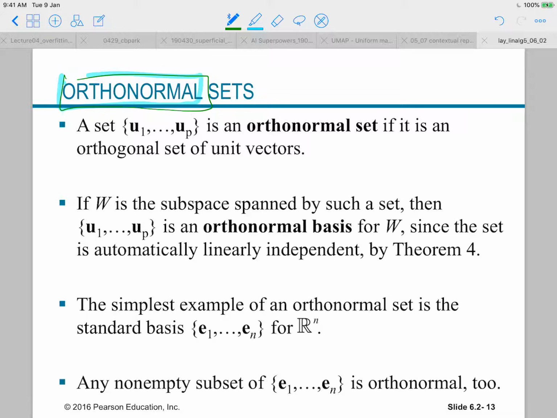An orthonormal set is an orthogonal set, but we need to satisfy an additional condition that each vector in our orthogonal set should be a unit vector, or each vector should have a length of 1. When satisfying this additional condition, this set is not just called an orthogonal set, but it is called an orthonormal set.